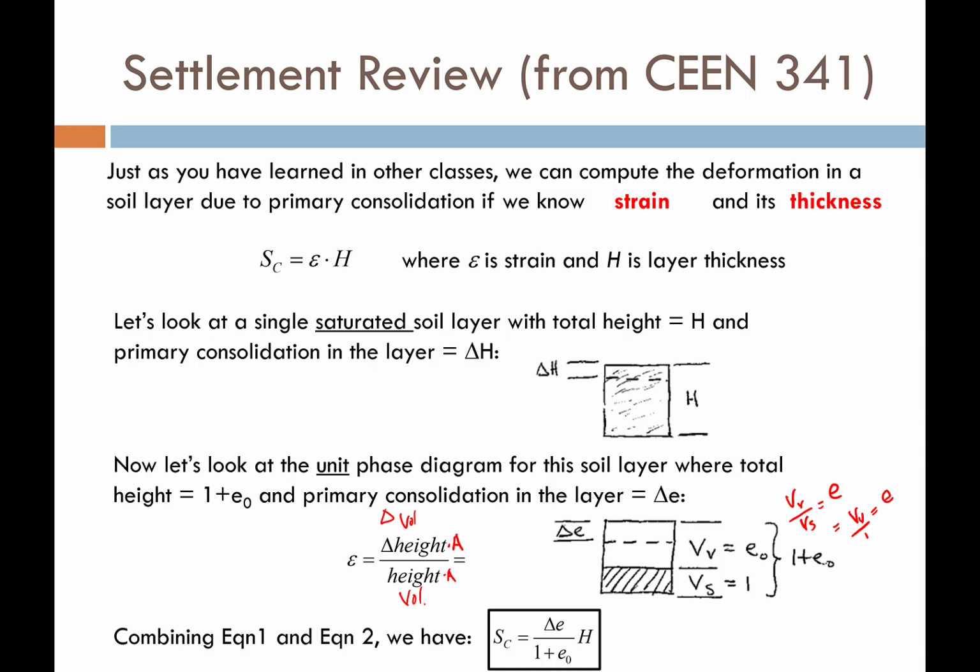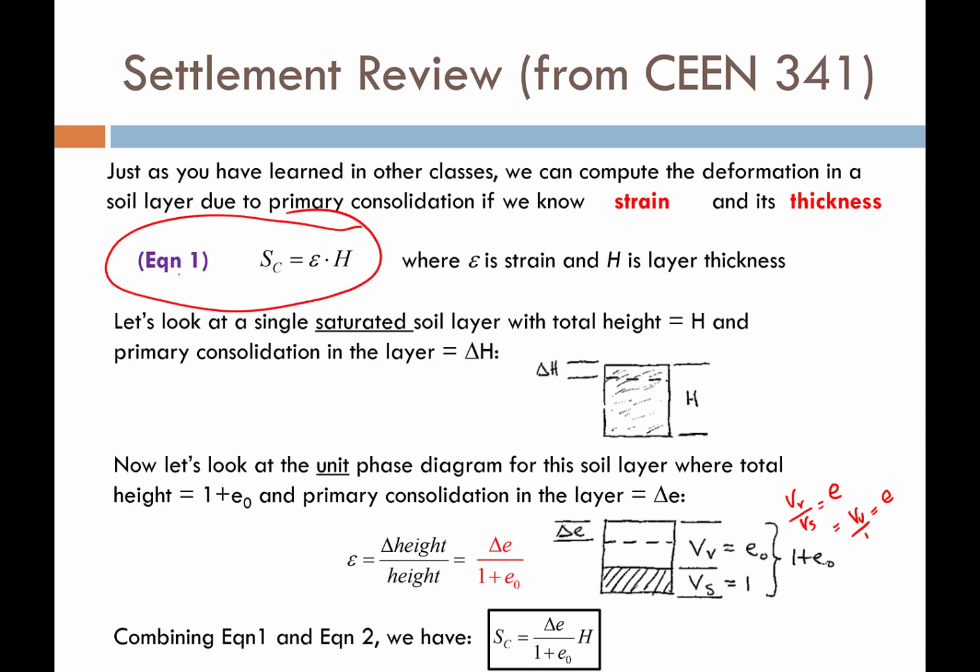So the change in volume divided by the original volume is the same thing. And notice how the cross-sectional area doesn't change because it's constrained by my rings. So the change in volume divided by the original volume, or the volumetric strain of that soil, is the same as just the deformational strain, the change in height divided by the original height.